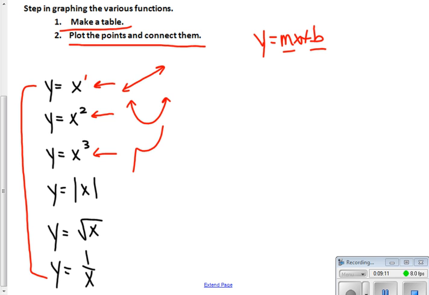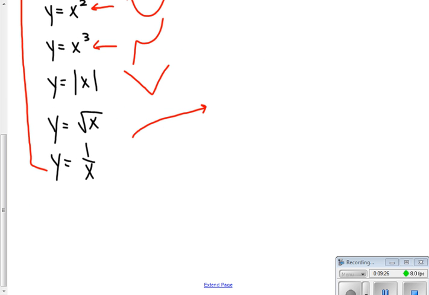When x is an absolute value, you get the V-shaped graph. When you have the radical function, so x inside the square root, your graph will look something similar to this. And last, the reciprocal, when x is a denominator, that's where you'll get the graph that looks something similar to this. So all those would pass that vertical line test.